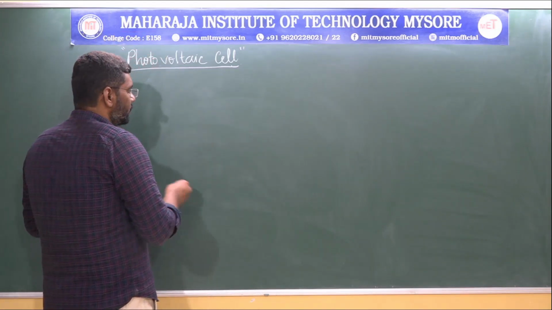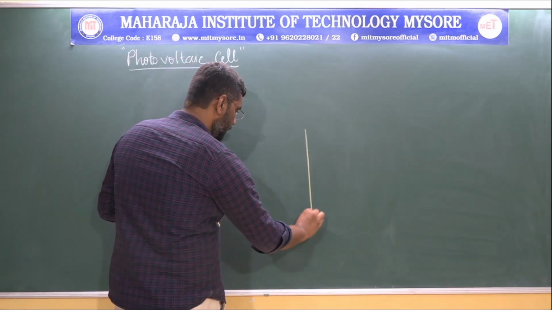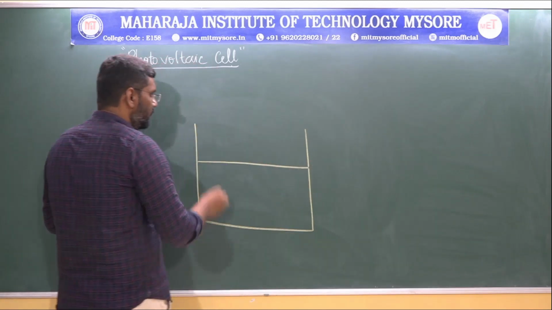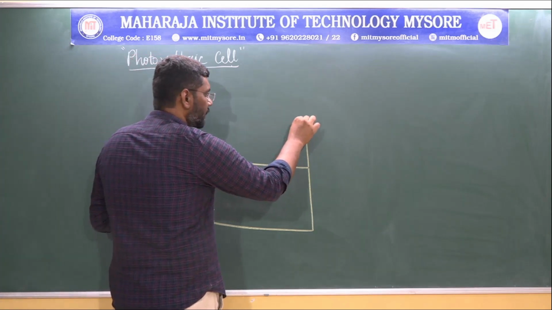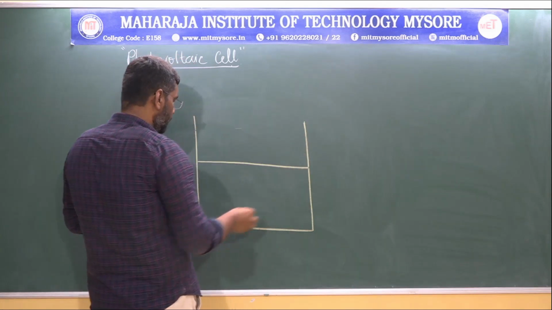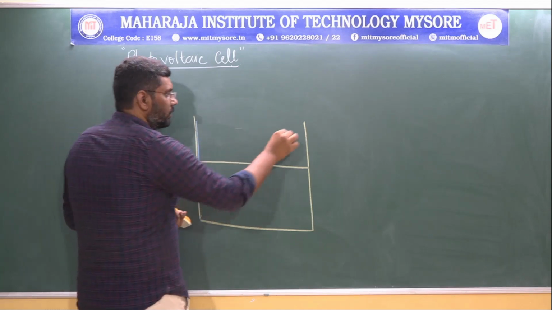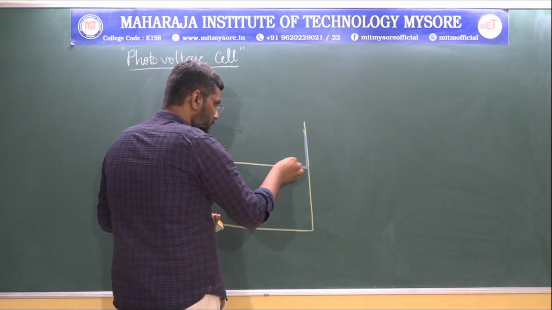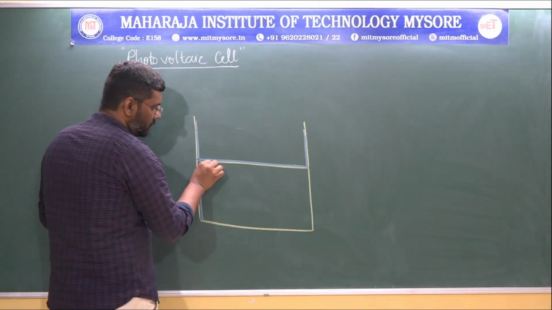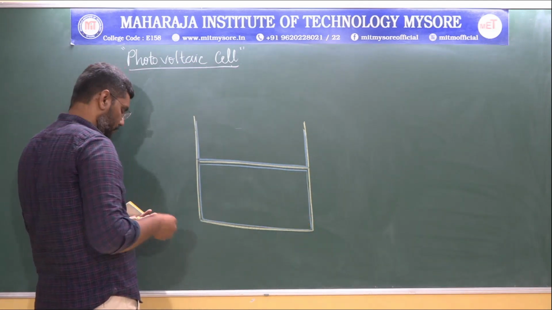See, a photovoltaic cell mainly consists of p-type and n-type semiconductors. As I told, the p-type is present at the top, and the n-type semiconductor will be present next to the p-type.